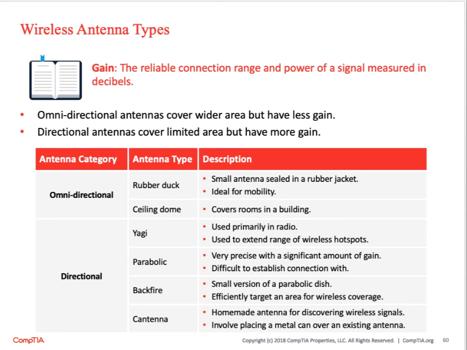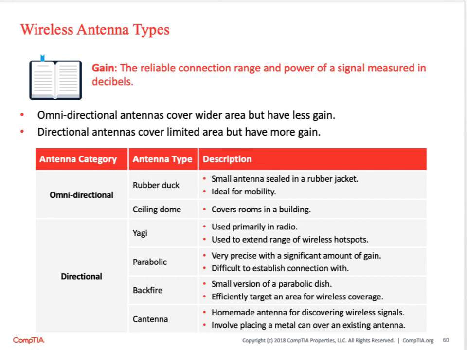Then we have ceiling domes. Ceiling domes are going to be omnidirectional antennas that are commonly used to cover rooms or inside of a building. The rubber duck is a lot of times what you may have seen in your house when you have those several different antennas on top of a router, and those kind of go in all different directions.